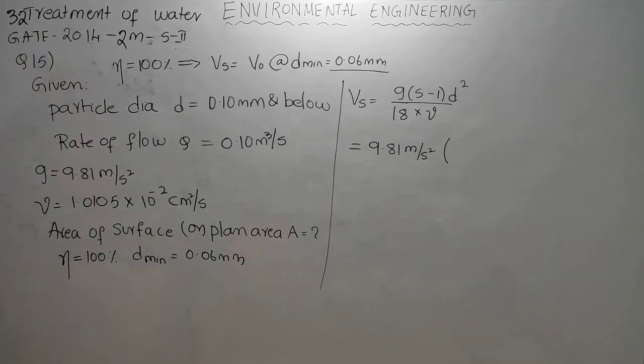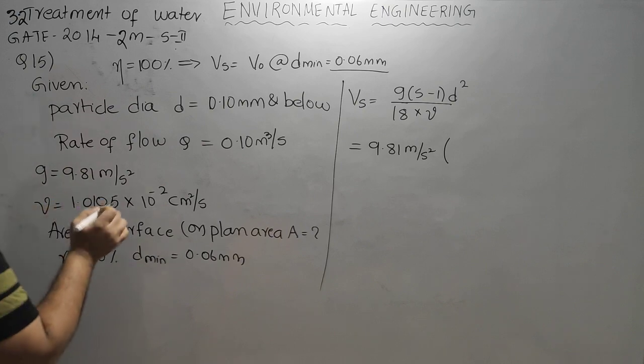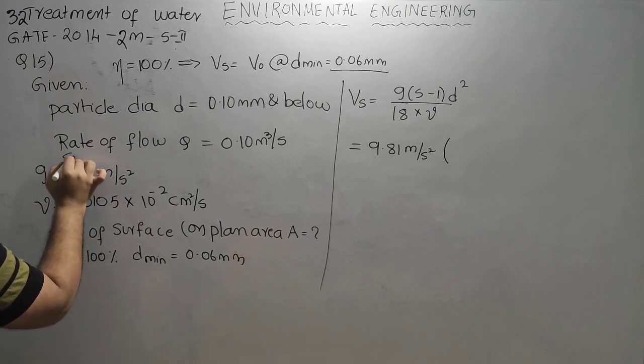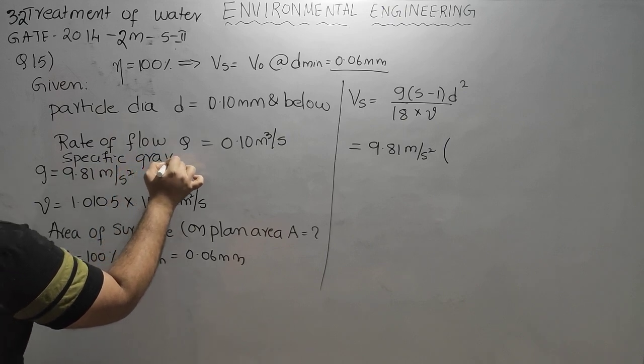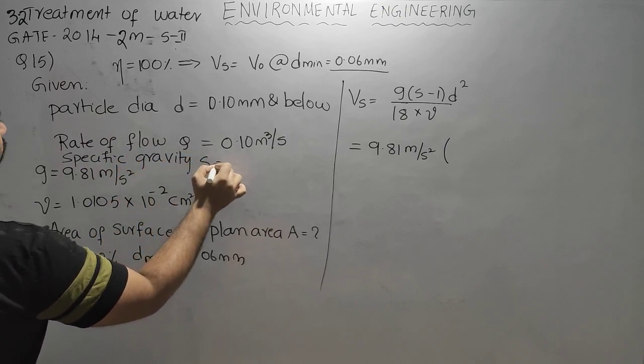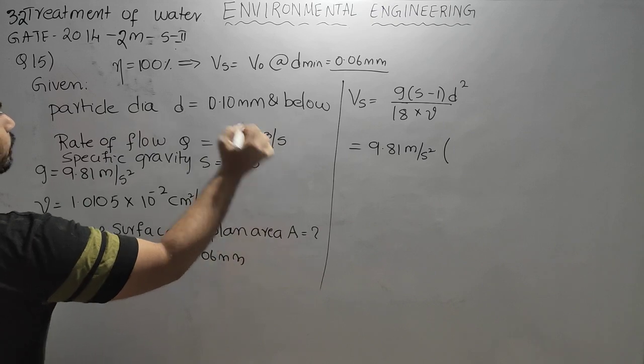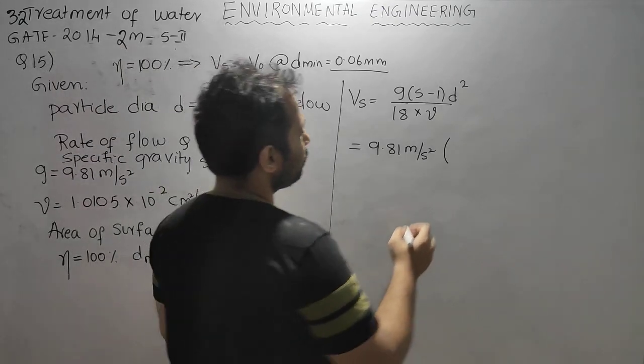Specific gravity S is given as 2.65. So 2.65 minus 1.